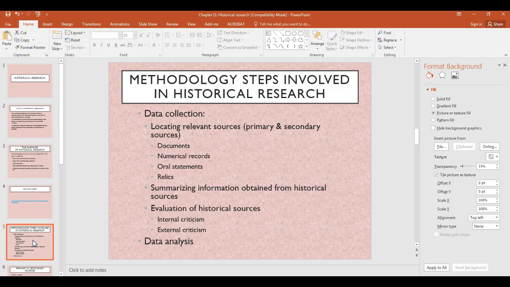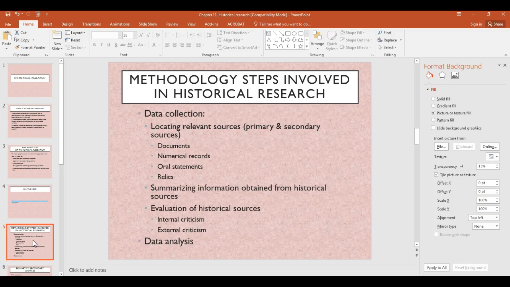Since this is historical information, your sources have to be archives, things that will help you look back at important information that happened in the past. So you will depend on primary and secondary resources that involve documents, records, archives, newspapers, magazines, all of these resources to learn more about the past.